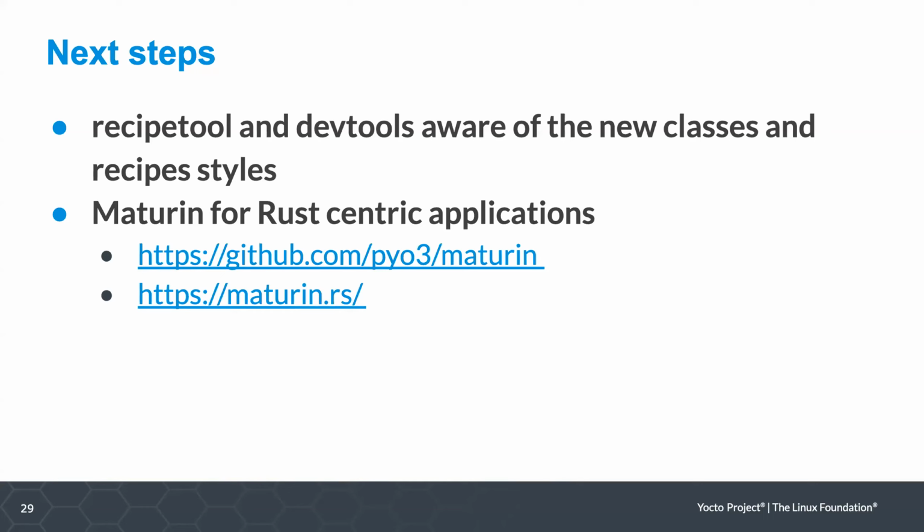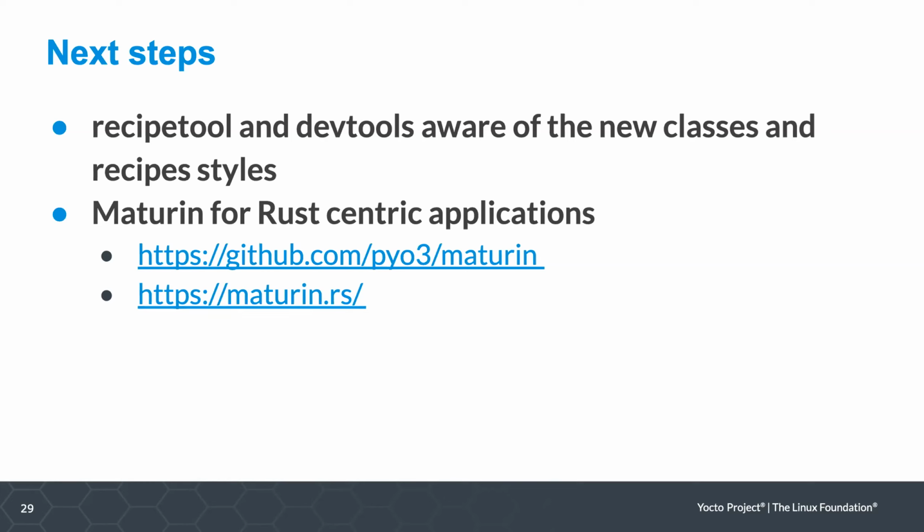As Ross said, there are certain things that are going to require setup.py going forward or something else, because they're installing executable scripts or other things that are not a Python library. So we need to incorporate all these new classes and the new recipe styles into recipe tool. And then dev tool usually benefits from that.